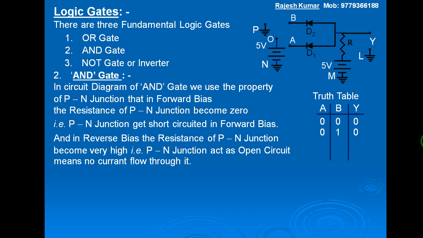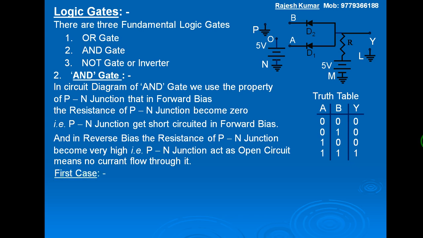The output is 0 if any of the inputs is 0, and A is 0, therefore output Y is also 0. Now for A equal to 1, B equal to 0, the output Y is 0 as B is 0. If both are equal to 1, then the output is equal to 1.